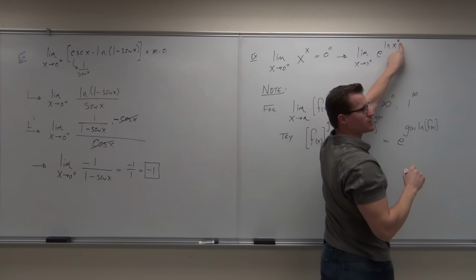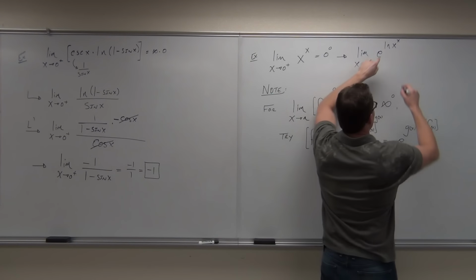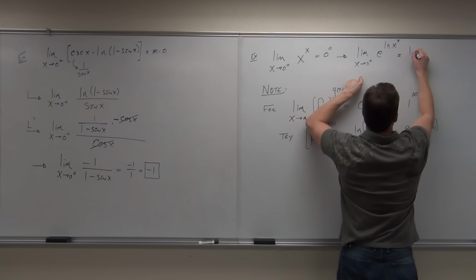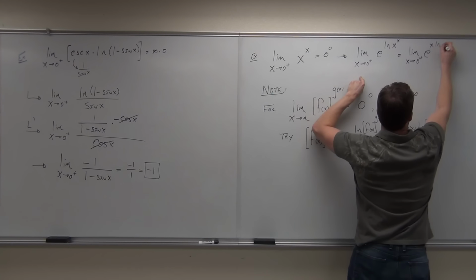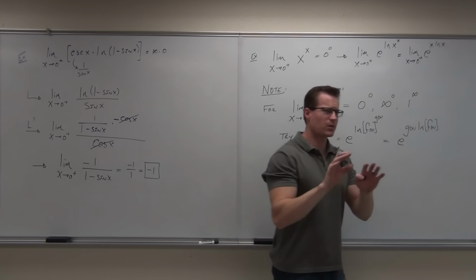Only I'm not going to leave that x there. What am I going to do with that x? Bring it out front. So then this is the limit as x approaches 0 from the right of x ln x. Are you okay with that one?